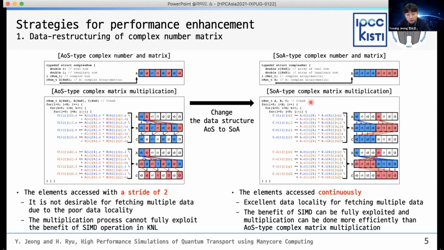In the SOA type data structure, a single complex matrix is represented with a single structure that has 2 arrays, where one is real numbers and the other is imaginary numbers. When the multiplication of an SOA type complex matrix is conducted, the access to matrix elements can happen continuously in memory. And therefore, the performance of matrix multiplication can be enhanced with the SIMD operation using the vector processing unit in KNL.